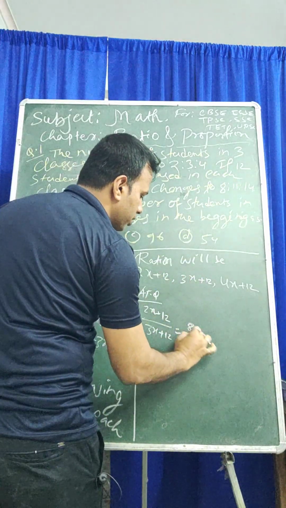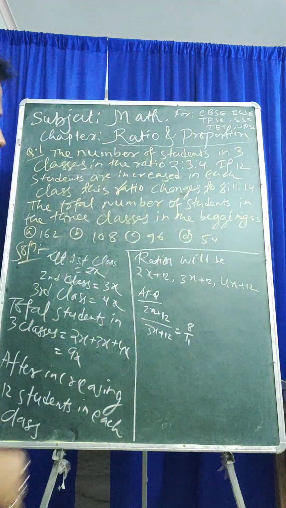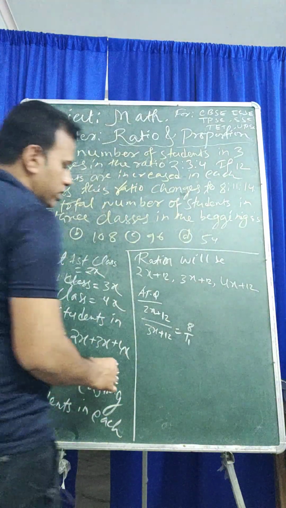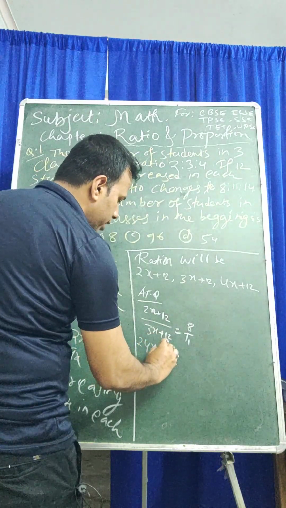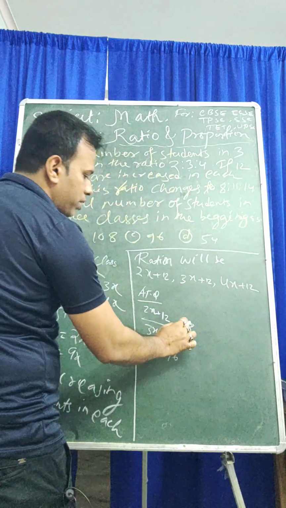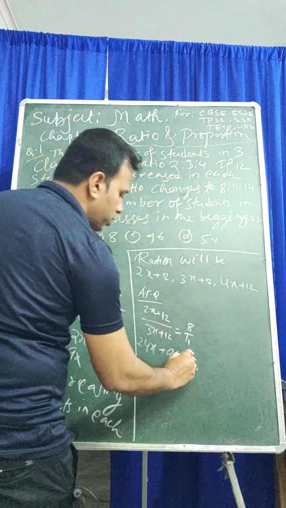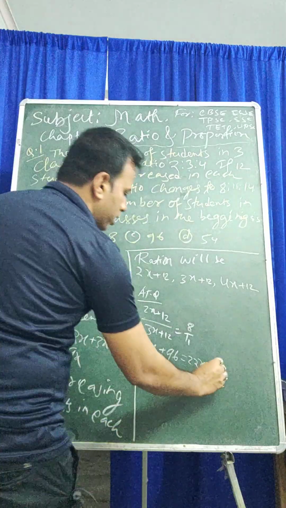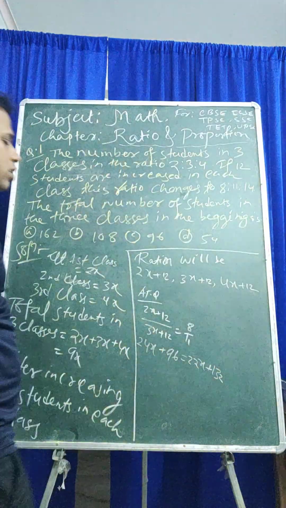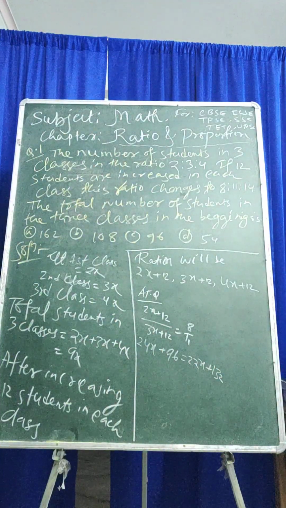From that we can easily find: multiplying by 11 we get 22x plus 132, and multiplying by 8 we get 16x plus 96. 11 into 12 is 132.